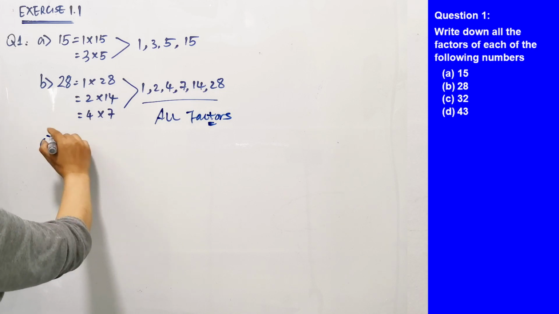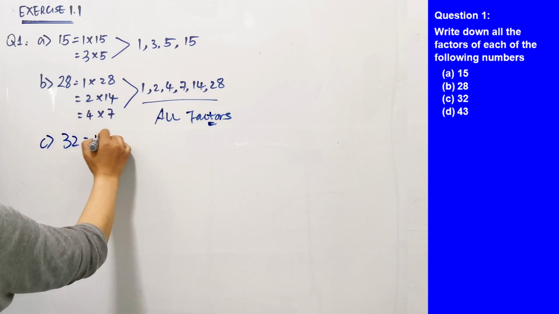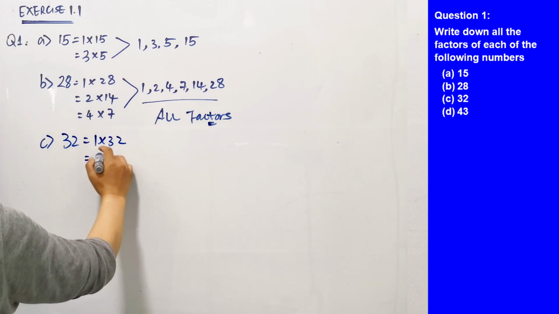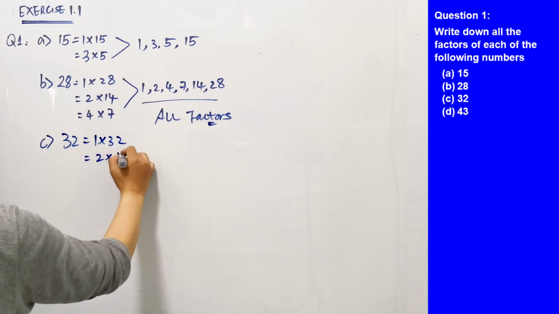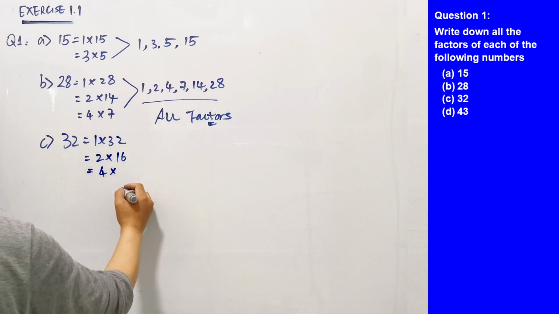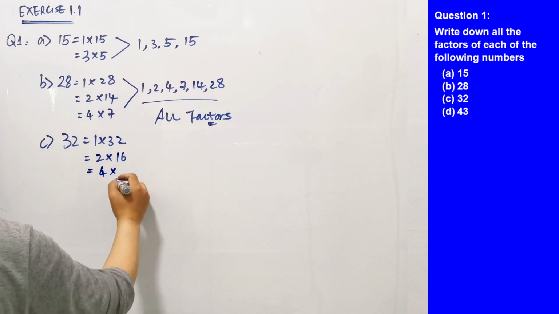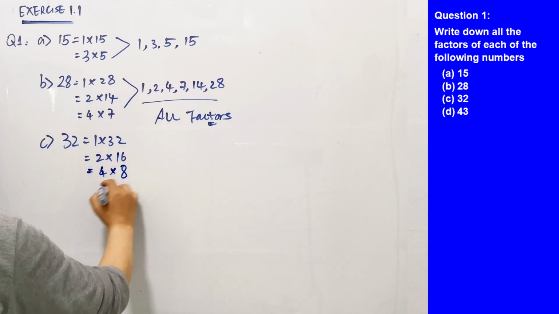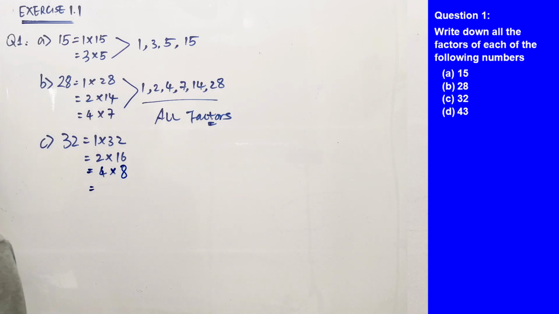C is 32, right? We have 1 times 32, 2 times 16, and 4 times 8. Any other number do we have for this number?